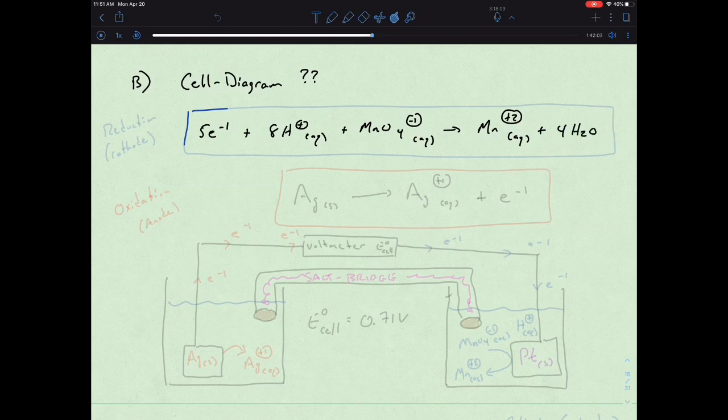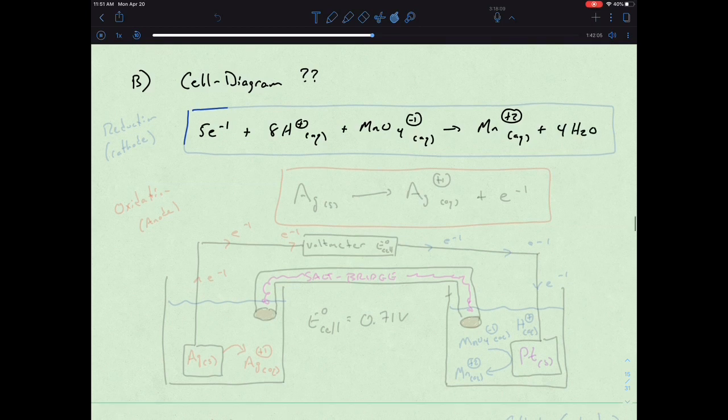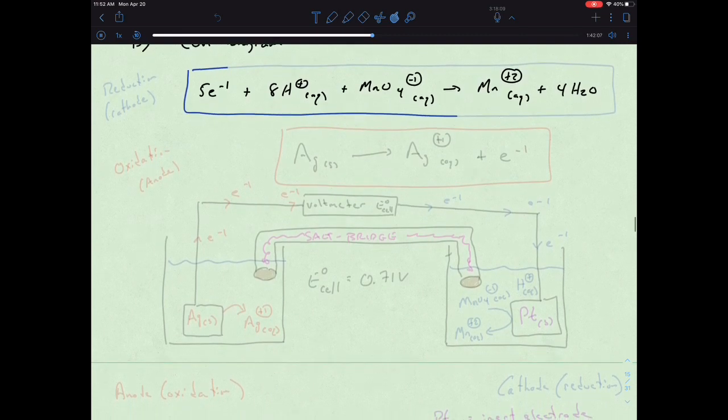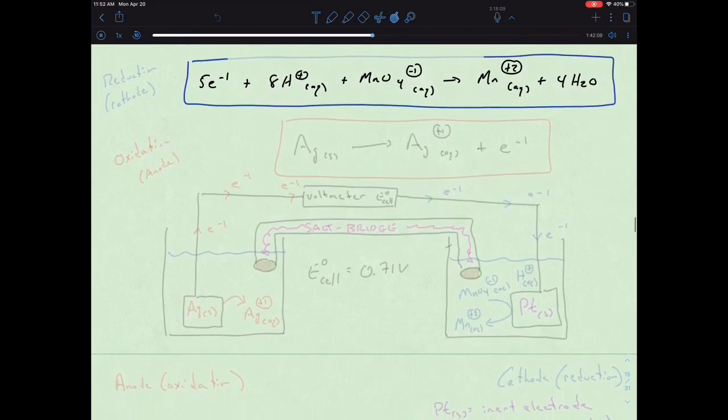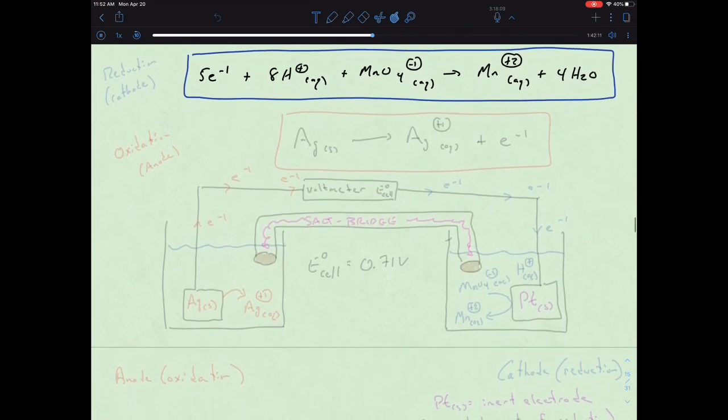Right, so that's our reduction side of the game. And we have our oxidation side of the story, which is the silver.